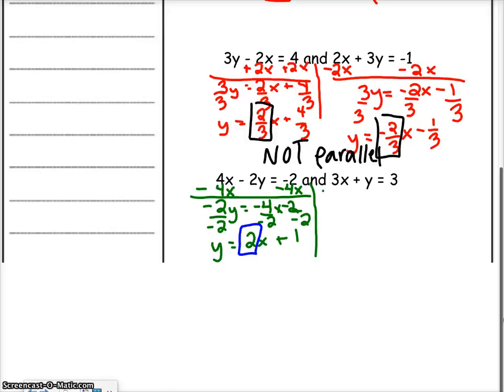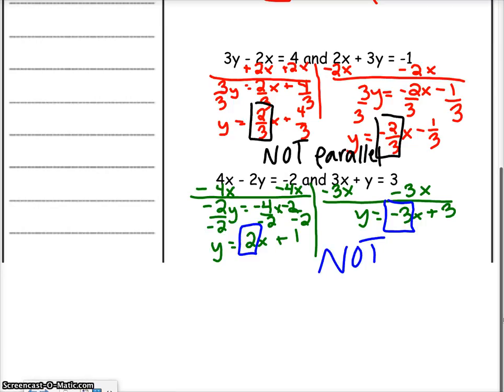All I have to do is subtract 3x and y equals negative 3x plus 3. I don't think I meant for this to happen, but are these parallel? No, they are not the same. Trust that I probably meant for something to be parallel and then I messed up.